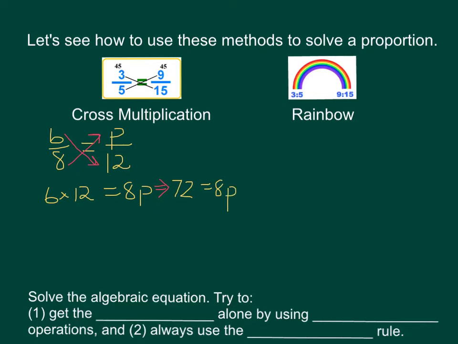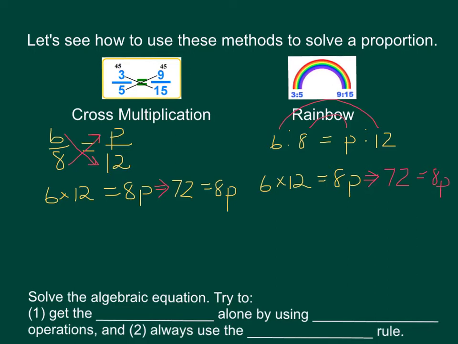Now, if we look at the rainbow method, we would also have 6 to 8, and we would say that is equal to p to 12. I would multiply the outside numbers and then the inside numbers, which would give me 6 times 12 is equal to 8 times p. And that, of course, simplifies to 72 equals 8p.